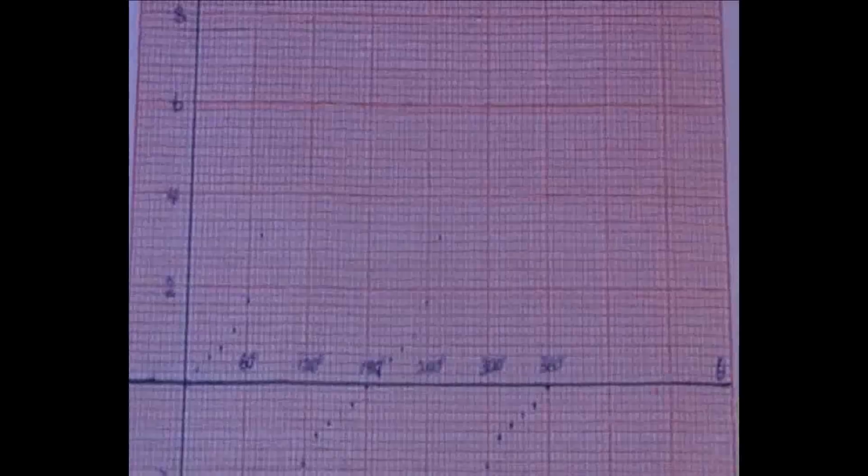Now the next obligation is for us to join these points. We're going to join these points with this our soaked broomstick. We have soaked this broom, that is why it is very elastic. It cannot break. If you're bending it to connect your points, it cannot break.